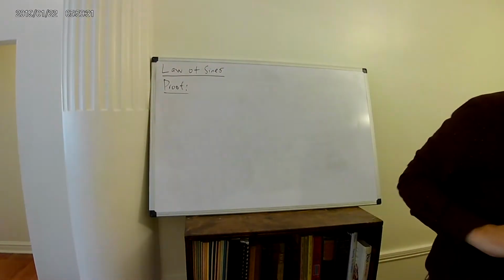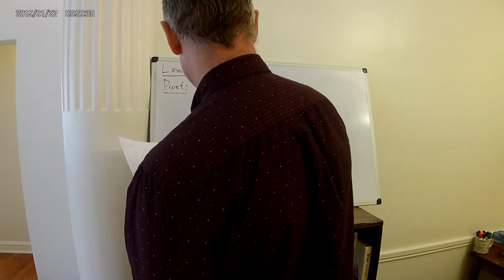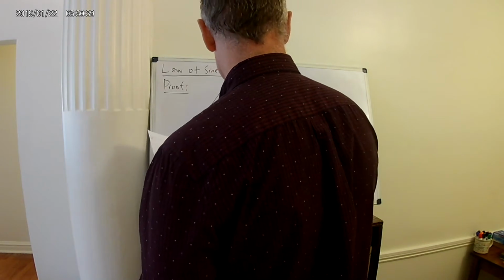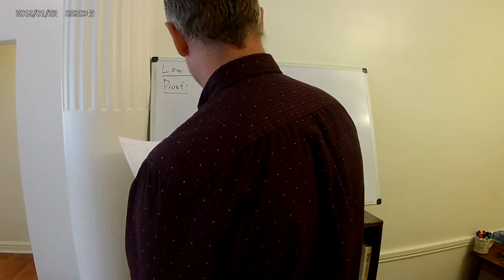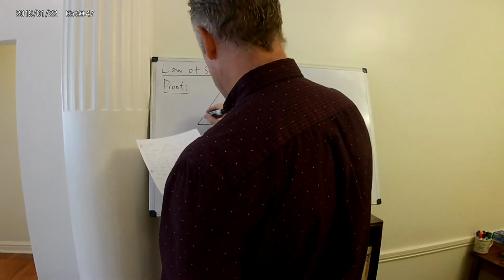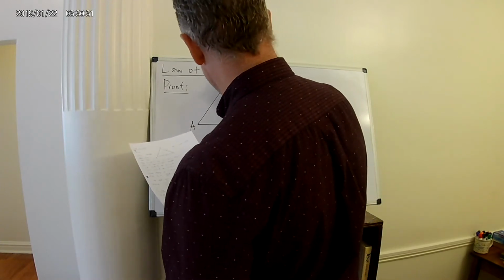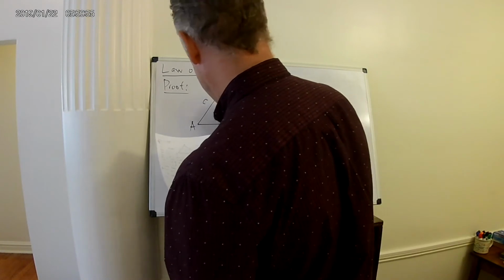And what we're going to do is draw a triangle here that looks like this. And we're going to assume this is a non-right triangle. So this angle is not necessarily 90 degrees. Okay, and we're going to call these angles A, B, and C. And these sides are going to be A, C, and B.